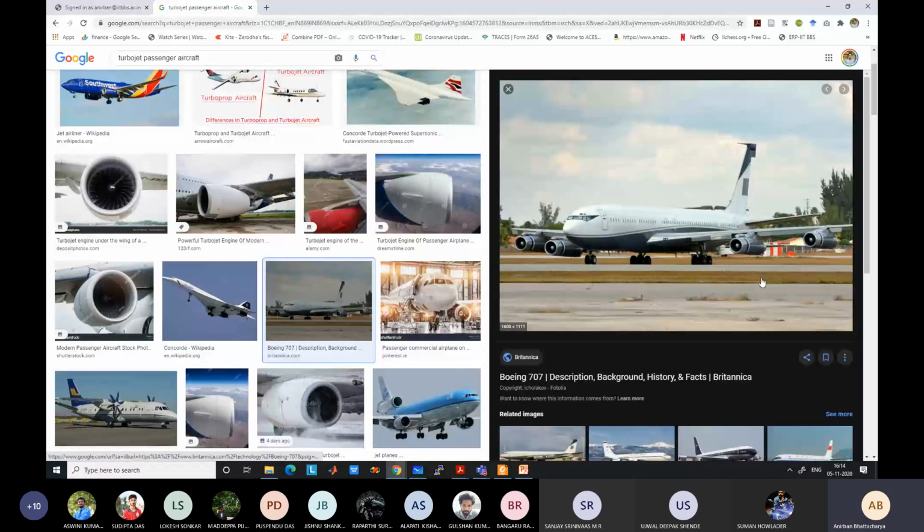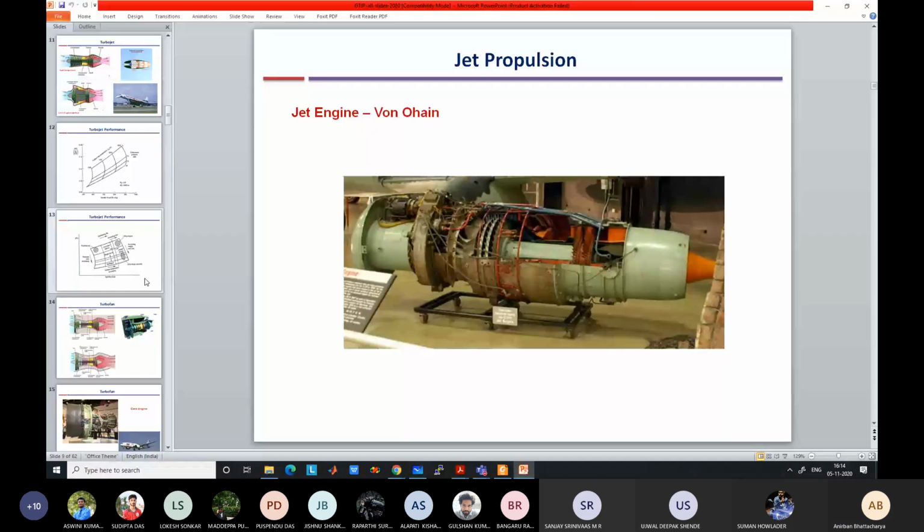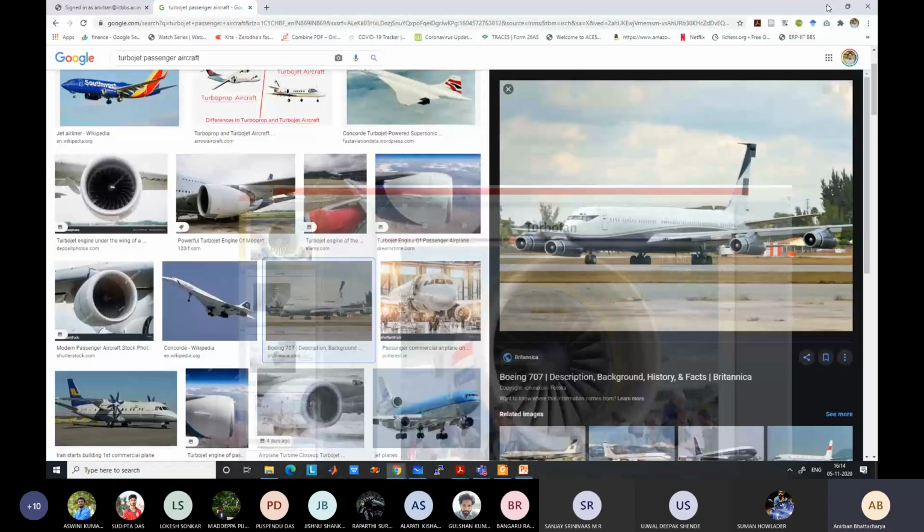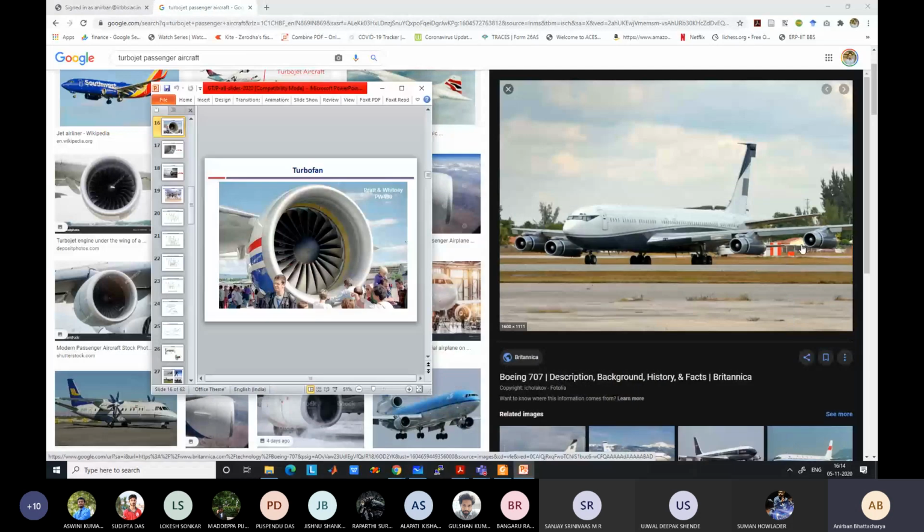Size of the engines you see, compared to the size of the engines for modern aircrafts, like I was showing here. So compare this engine size as compared to the aircraft wing. Even compared to the aircraft wing, this looks very tiny, right? Very narrow. So turbojet engine used to be very narrow, because it needs less mass flow rate.